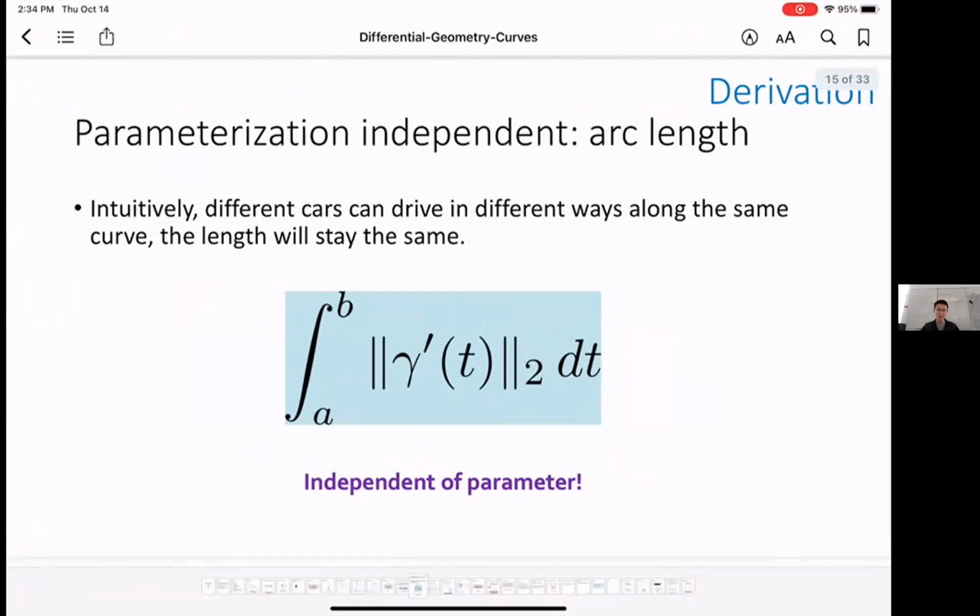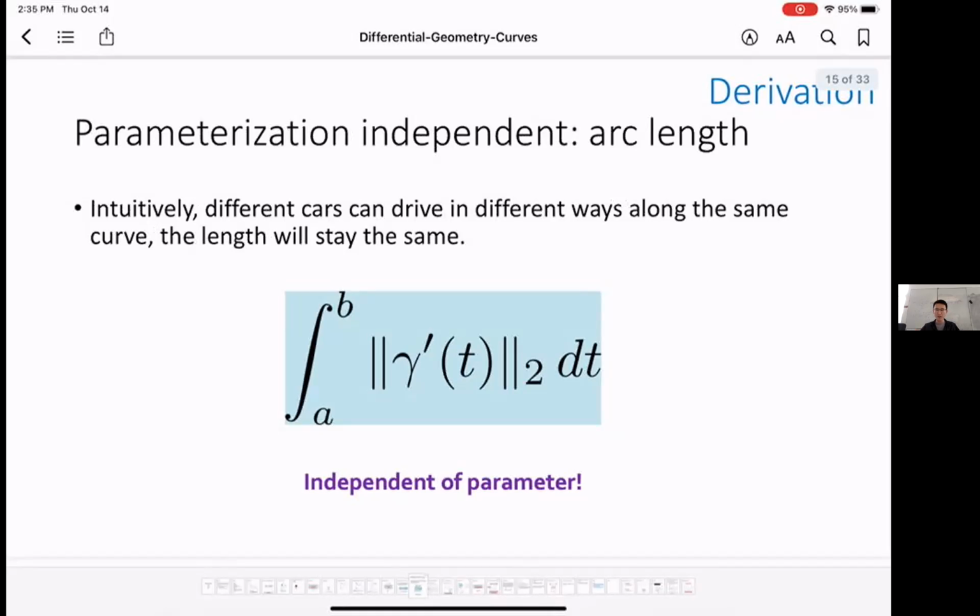Intuitively, if I'm driving two different cars at two different speeds, I can drive faster or slower, it doesn't matter. As long as I'm following the same curve, the length of the curve doesn't change, no matter how I describe this curve. What's showing in the middle of the screen is the formula for calculating arc length, from the calculus class.